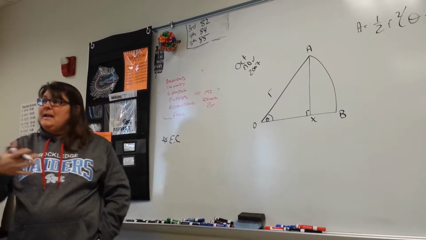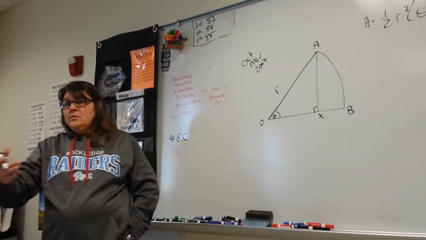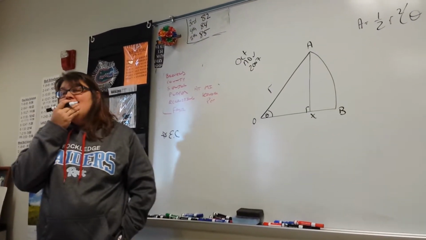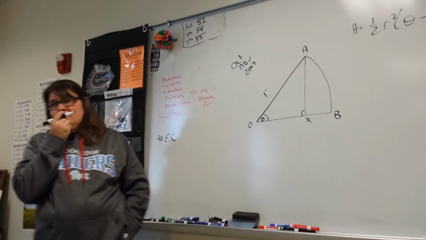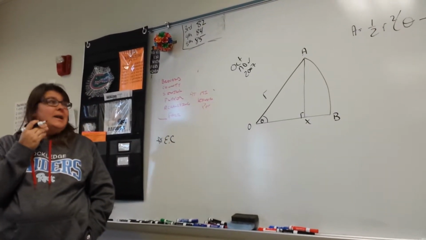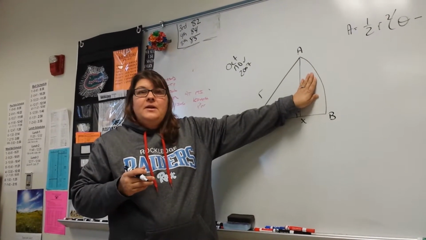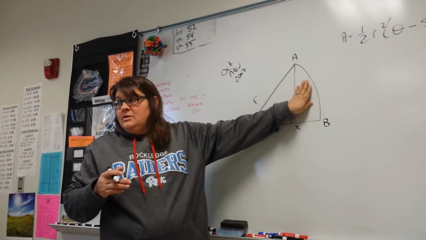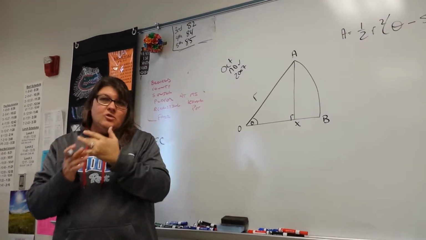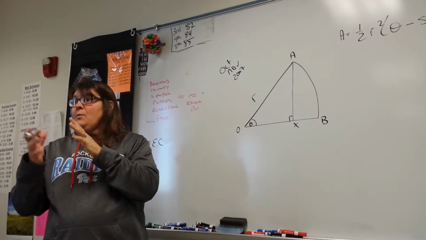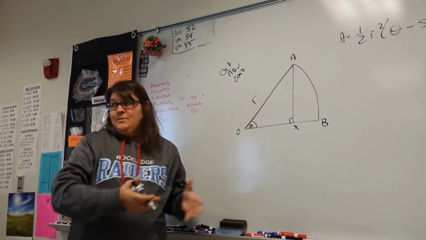Okay, so is everybody comfortable with what I just said? I'm trying to figure out a game plan and things that I can utilize in order to get that kind of answer. This says it wants me to find the area of the shaded region, okay? The shaded region is this stuff right here. To find the area of a region that's not a triangle or a shape we're familiar with, we have to use other shapes to get to it.